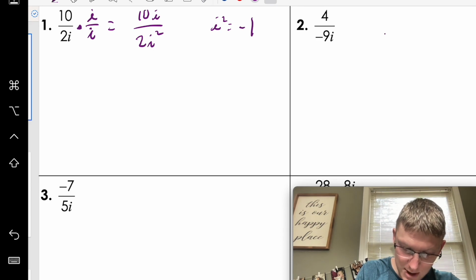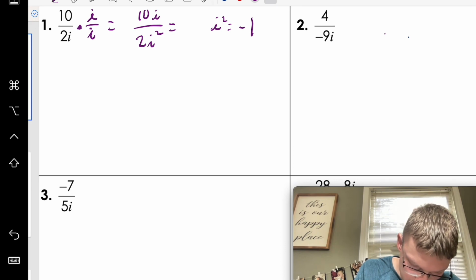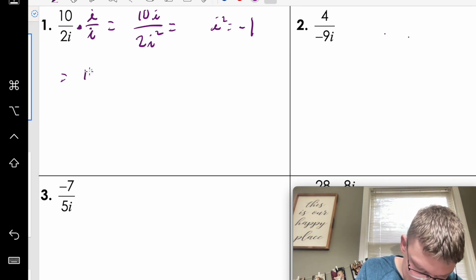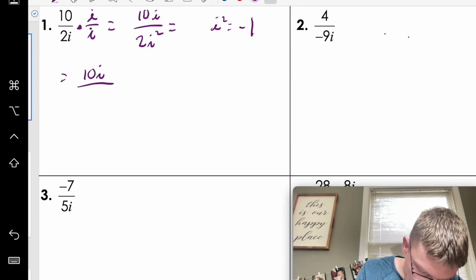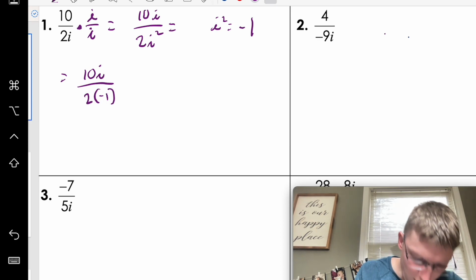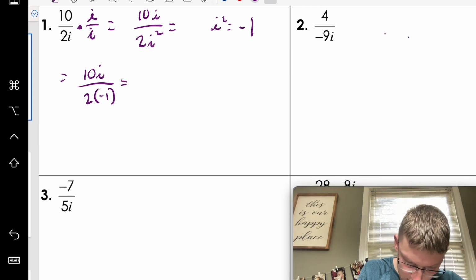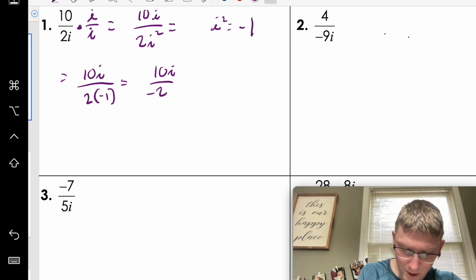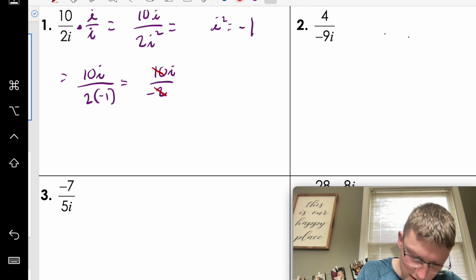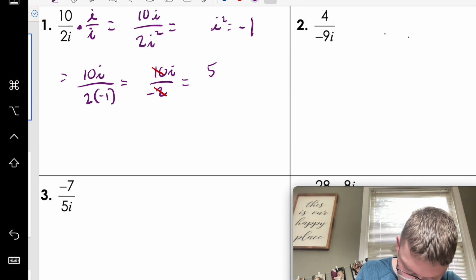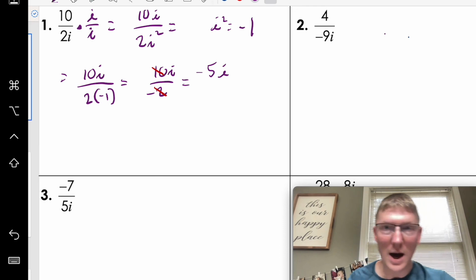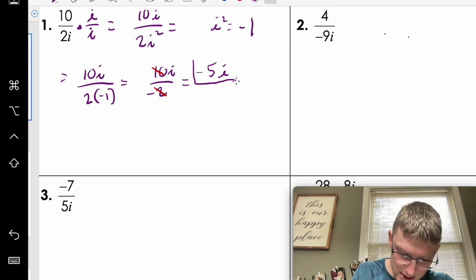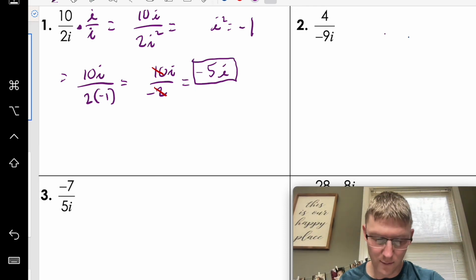So our fraction reduces to, we'll say equals, 10i on the top and 2 times -1 on the bottom, which then of course means 10i on the top, -2 on the bottom, and we can then simplify this, and it turns into -5i. So this is our new rationalized fraction.